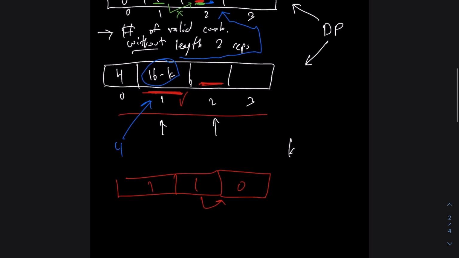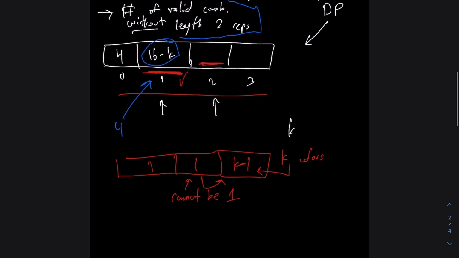So if we had k different colors, k colors to choose from, the number of valid colors that can go into here is just k minus 1, right? The only number in this case that cannot be used is 1. And it's the same thing for all of them.